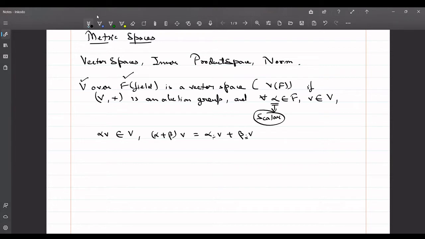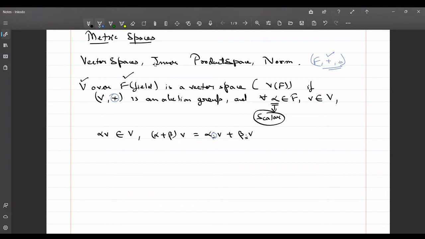See, this F is a field, right? Giving a very elementary concept. So this F is a field with respect to some operations, right? This plus operation and this dot operation.